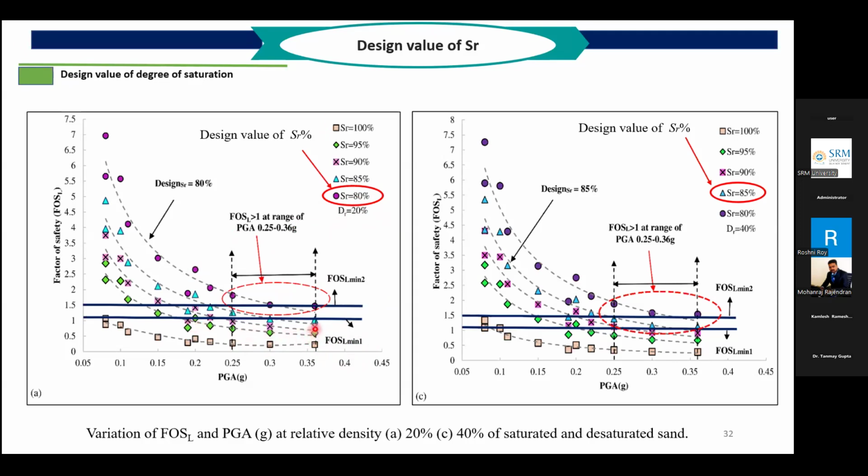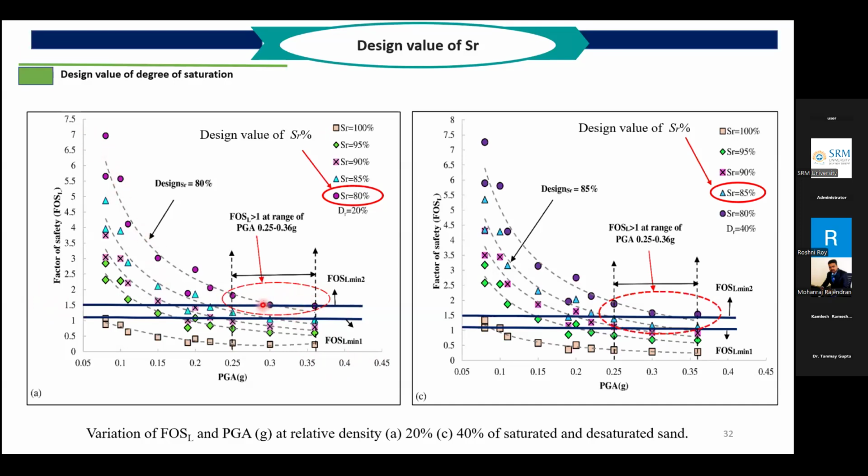From 95 to 85, you further increase it. From 85 to 80, you are completely away from the border. Even if the magnitude is very high, with a peak ground acceleration close to 0.35 g or slightly more, you are still able to protect your system against liquefaction because your factor of safety is close to 1.5 or more. You are well within the safe zone.